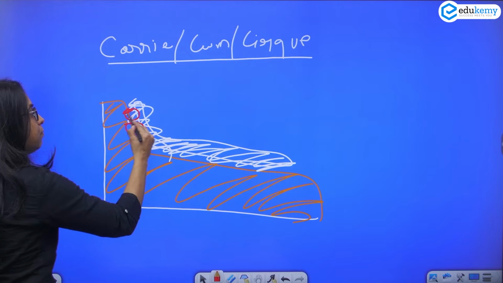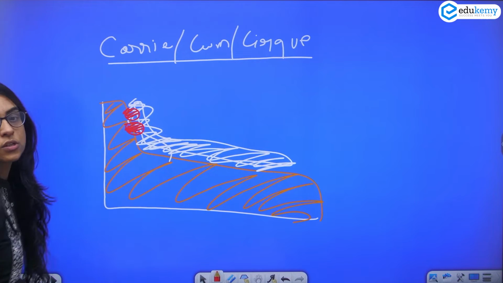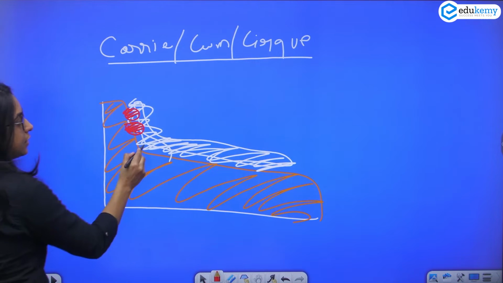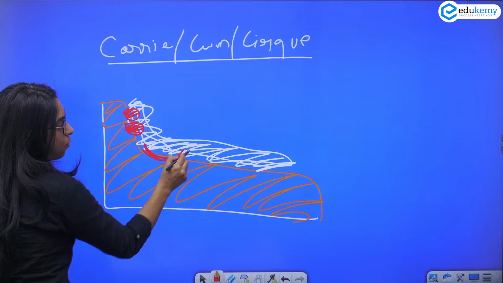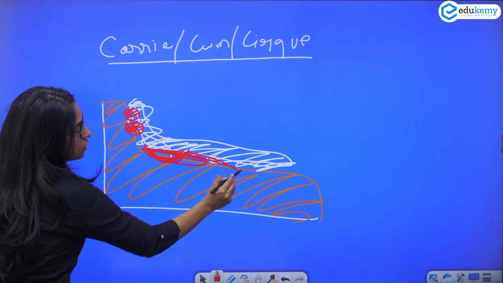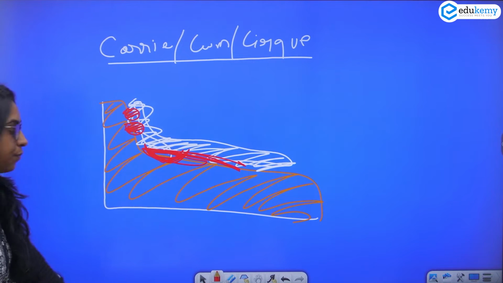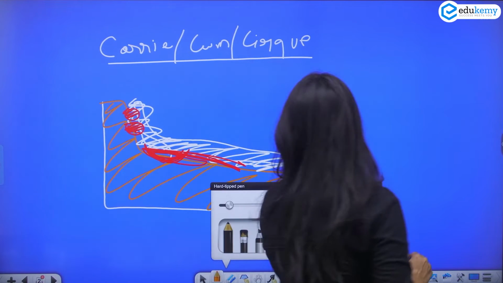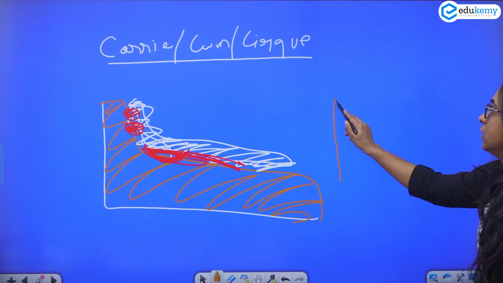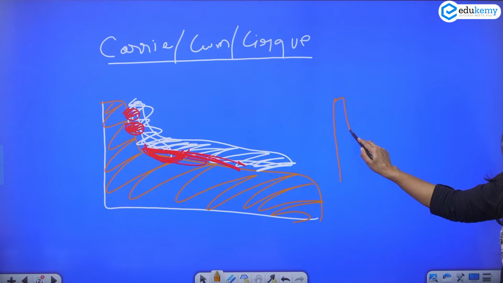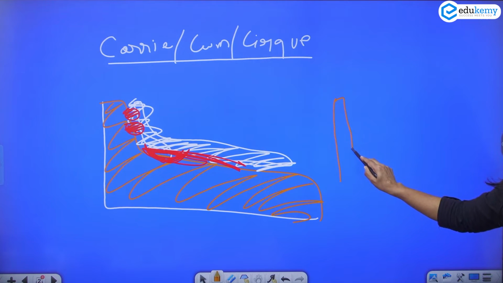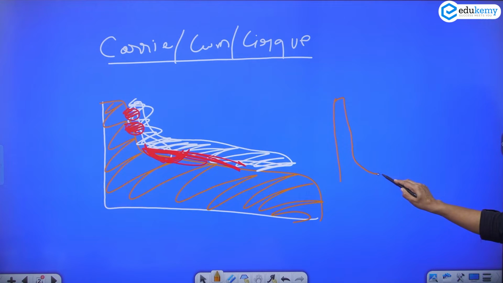It is plucking which is operating here, and it is abrasion which is operating here. Now what happens because of this? There is steepening of the back wall, and there is a depression which is created at this place.